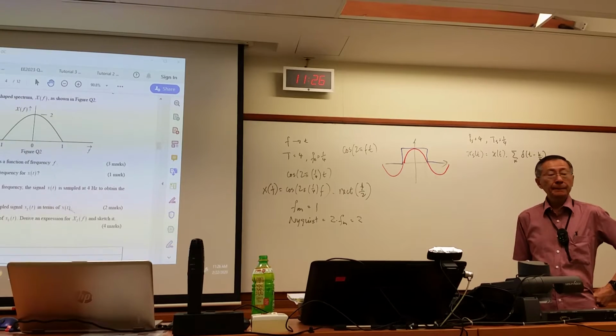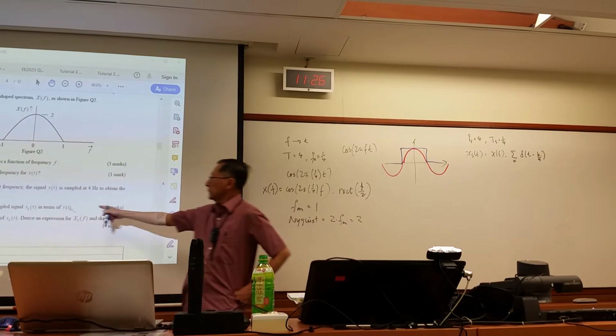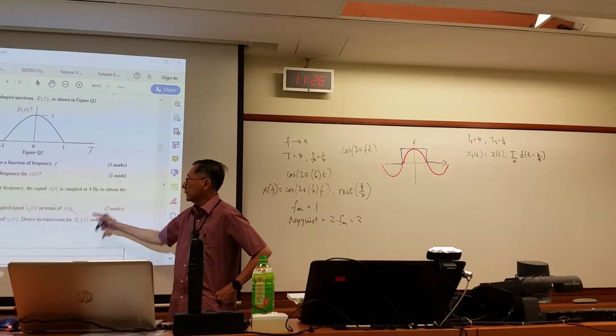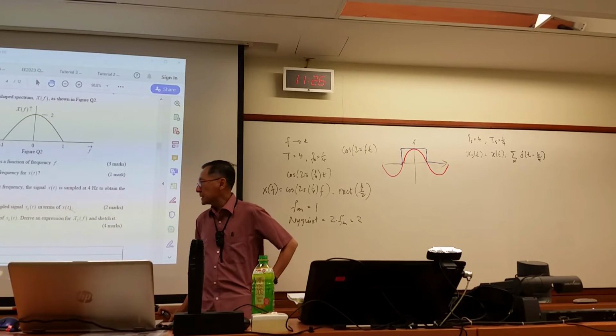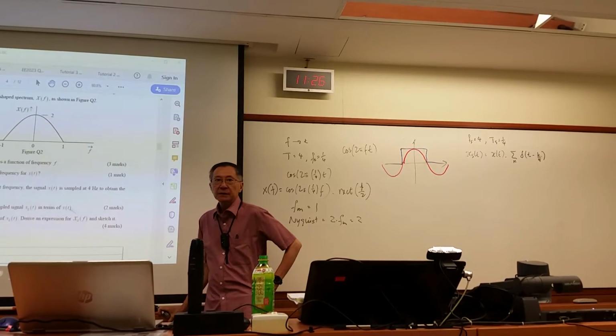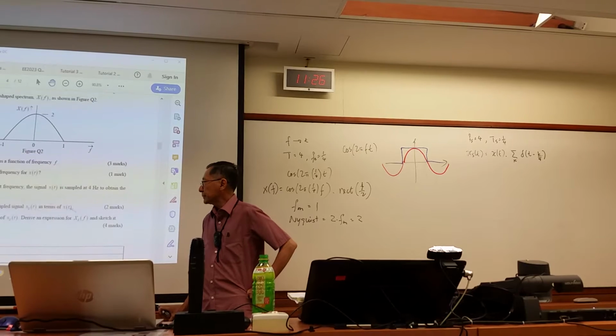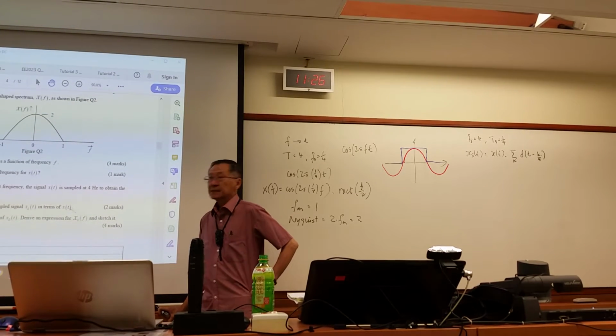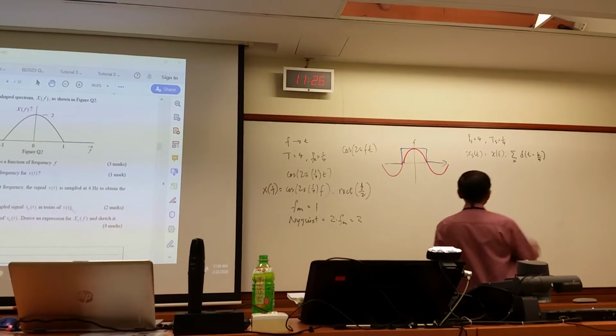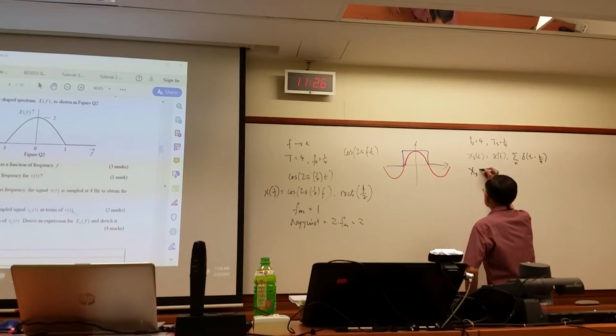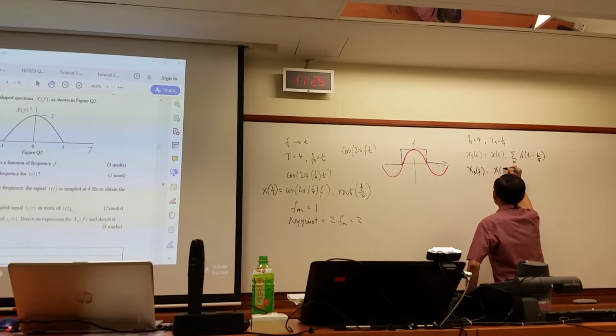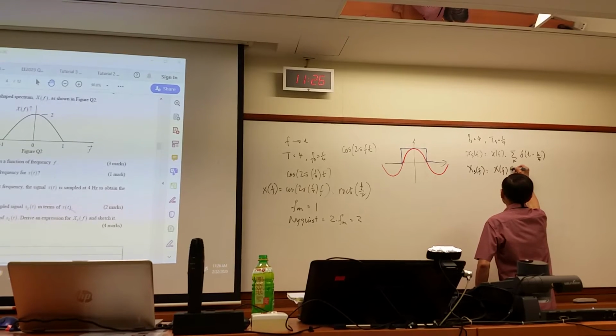Okay? So that's B1. Then let capital X_s denote the spectrum of little x_s, and derive an expression for capital X_s and sketch it. So I find the Fourier transform. X_s(f) is X(f). Multiplication becomes convolution.